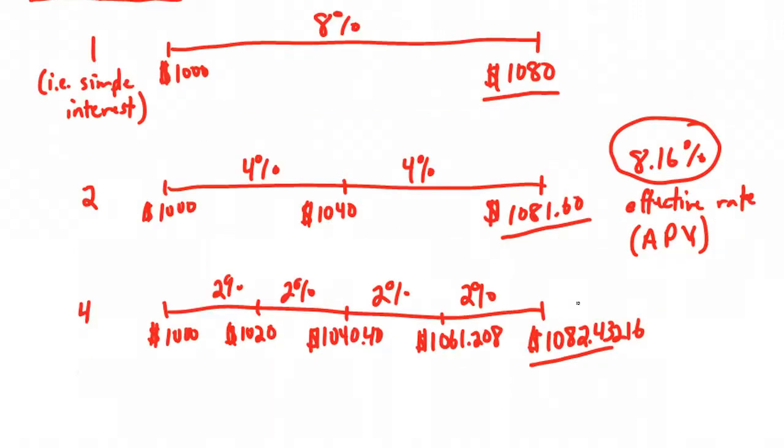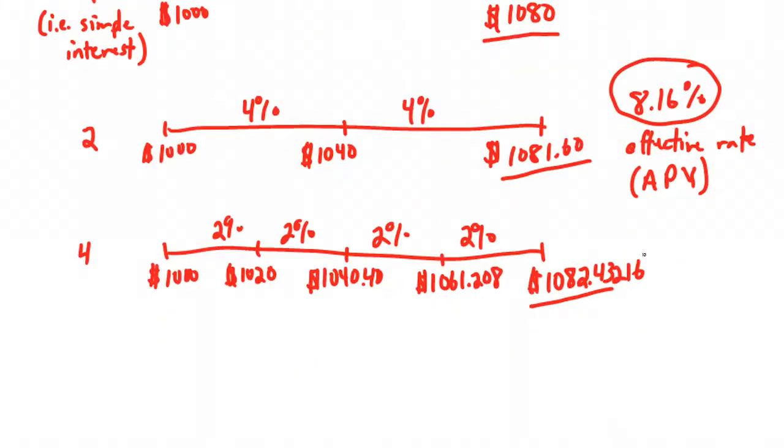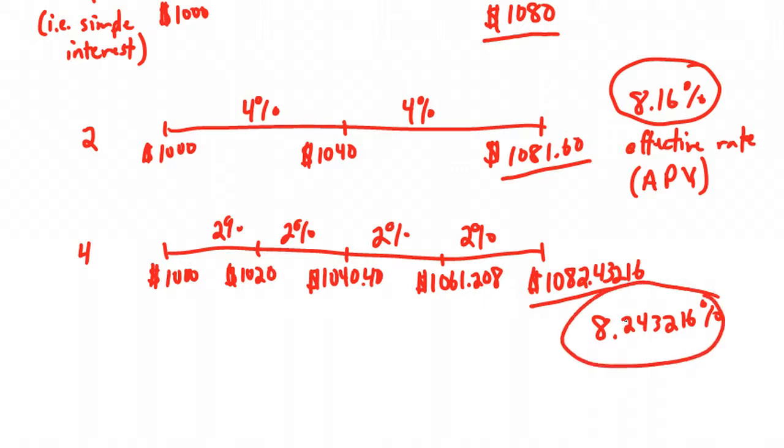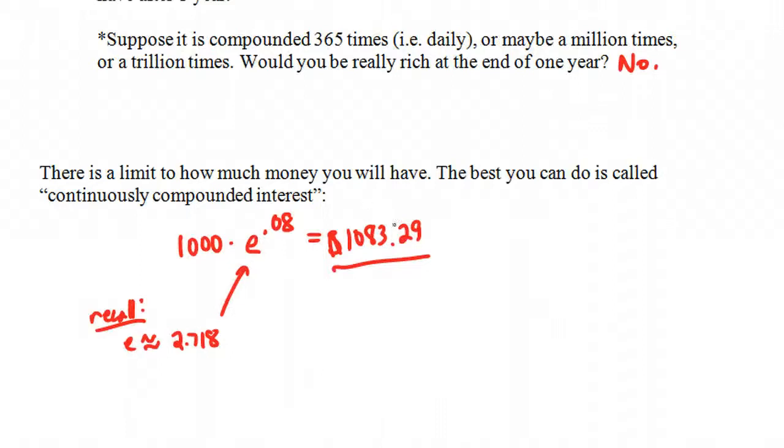Okay, so your initial amount, if it's 8% and you're compounding twice per year, your effective rate will actually be 8.16. Now down here, when you're compounding 4 times per year, what was our effective rate here? Well, here it looks like it's 8.243216%. Okay, that would be the effective rate if you were compounding 4 times per year. And actually, if you're looking at continuously compounded interest, notice down here, we would have 8.329%.